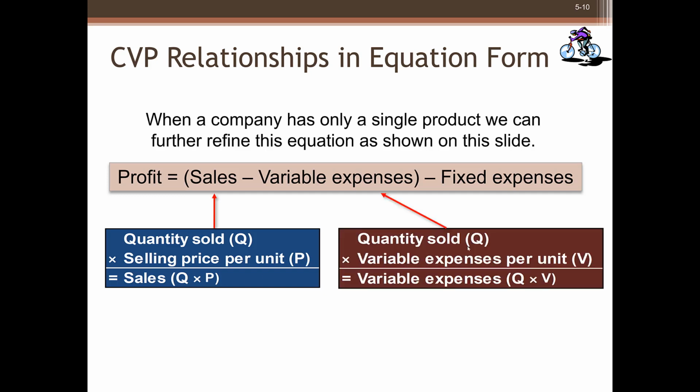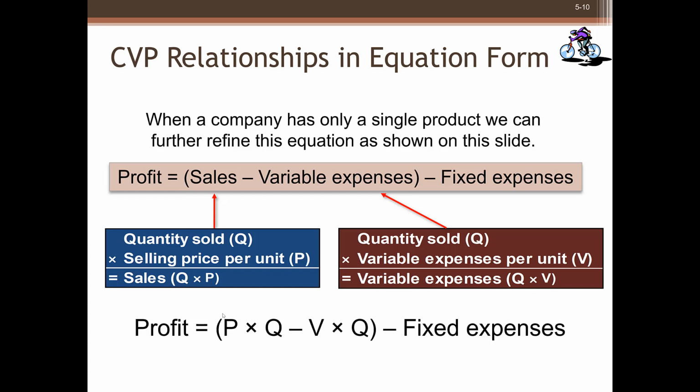We use quantity sold, Q, multiplied by variable expenses per unit, which we indicate with V. So variable expenses are Q times V. So we rewrite this equation as P times Q minus V times Q minus fixed expenses.